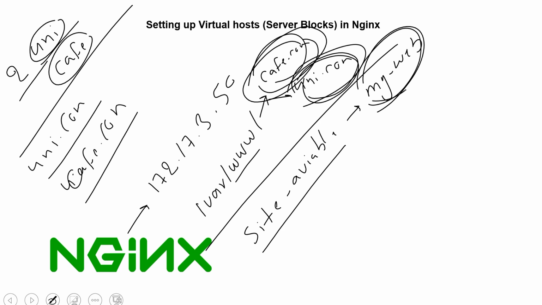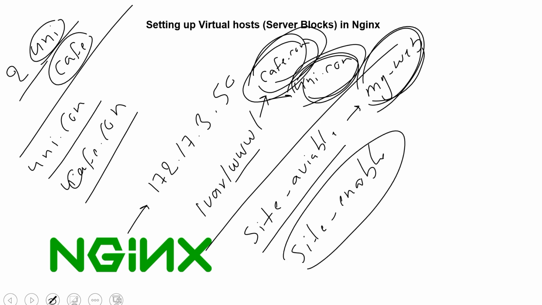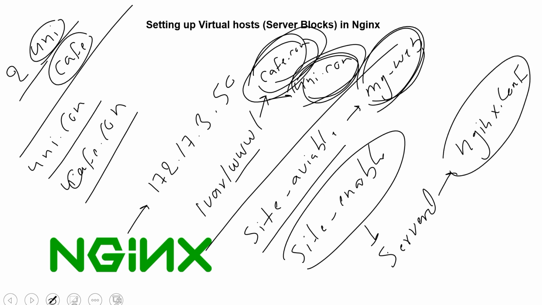We will also link the myweb configuration to sites-enabled, which is served by NGINX. When NGINX starts working, it will read the nginx.conf configuration and use all the configuration inside it.